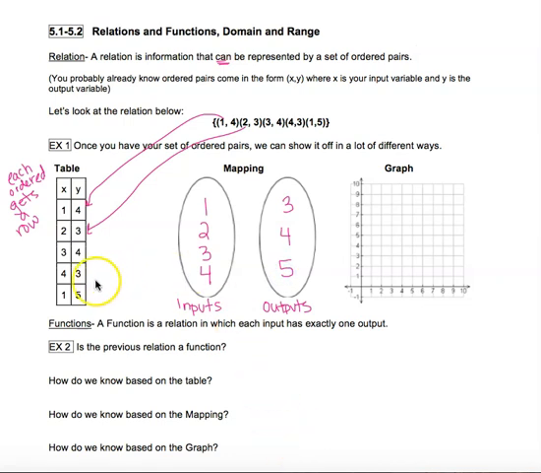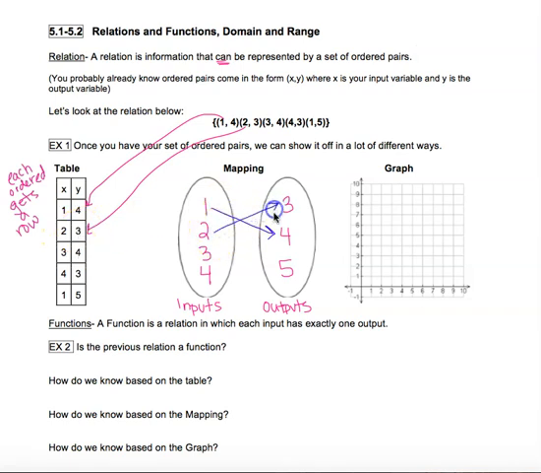And then the reason it's called a mapping is because we show with arrows which inputs are associated with which outputs. So I'm actually going to look at the table here because it's a little bit easier to look at than the set of ordered pairs. So for input 1, I need to draw an arrow to output 4. I'll use a different color here to make it stand out. So input 1, output 4. Then I have input 2, output 3.